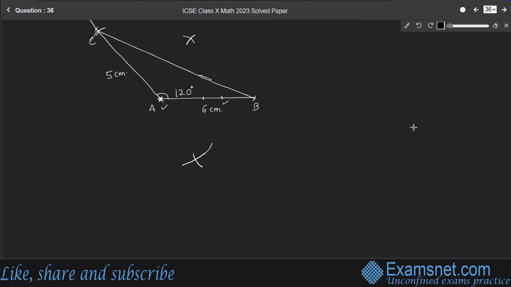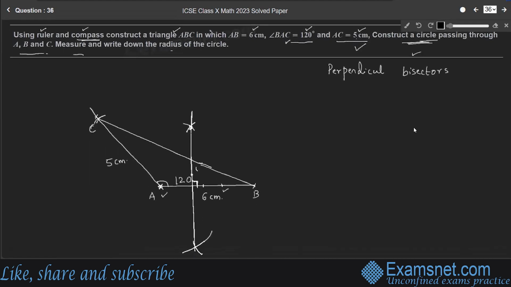Join these 2 points, the points of intersection of 2 arcs, right? So this will be the perpendicular bisector of AB, right? So you can extend this line above as well as below, right?